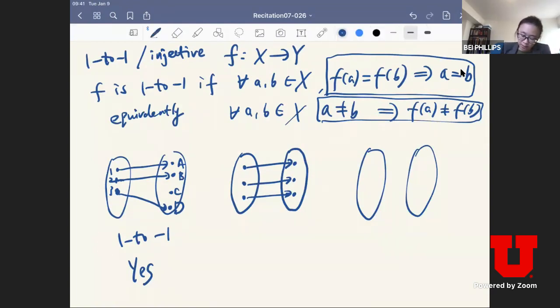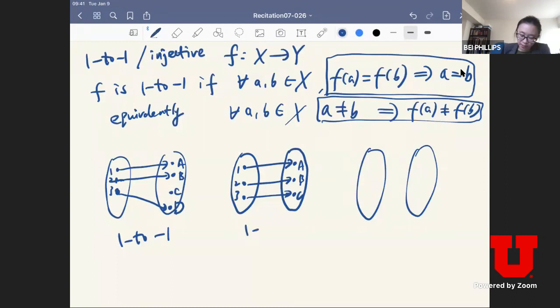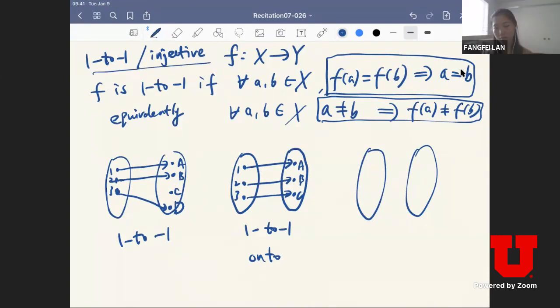What about the second one, what I just drew? Is this a one-to-one function? Elizabeth said yes. Lots of people said yes. Yes, in fact, this is a one-to-one and an onto function. But we're going to define onto function, or review it, very soon. What about the third one, which I'm drawing here right now?